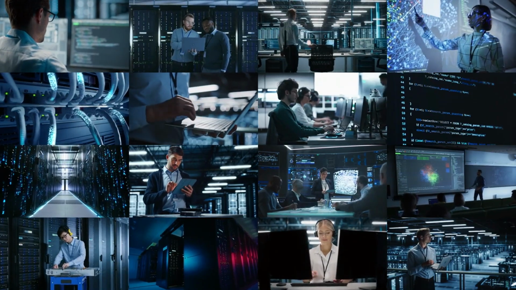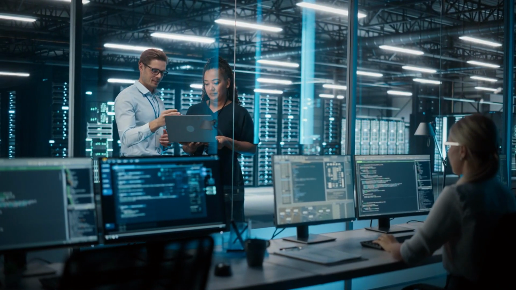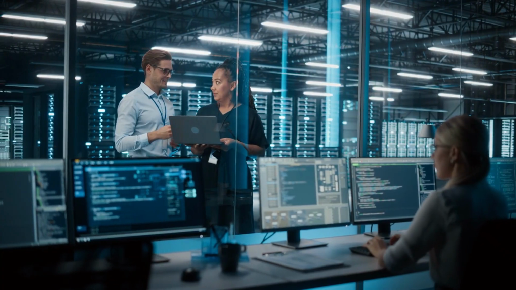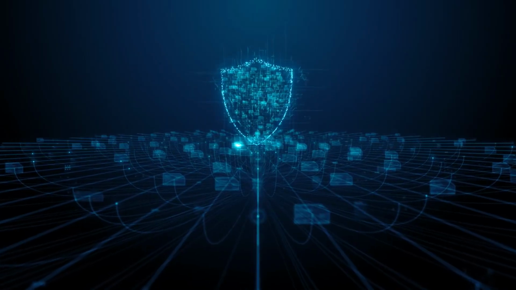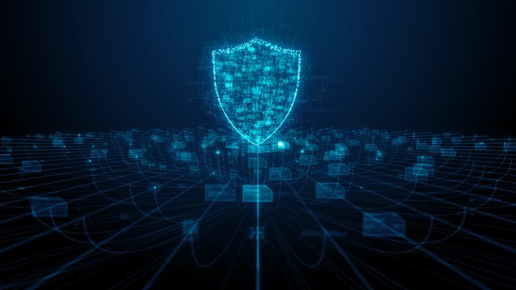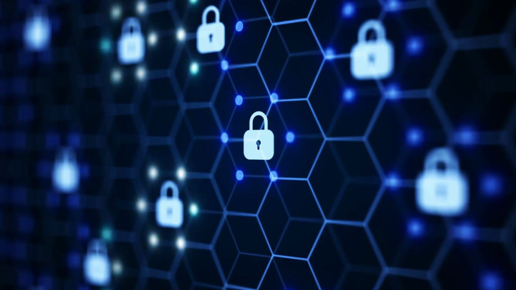Cybersecurity professionals must stay ahead of these challenges, continuously adapting to new attack vectors and developing innovative defense mechanisms.